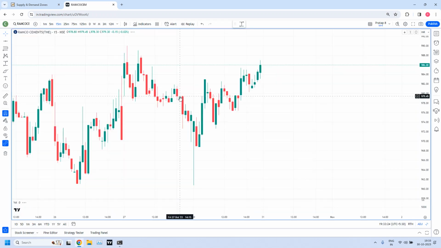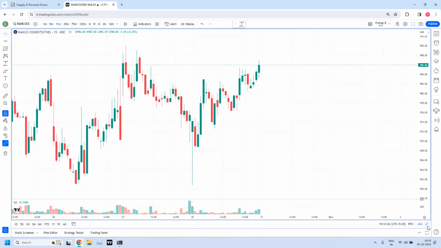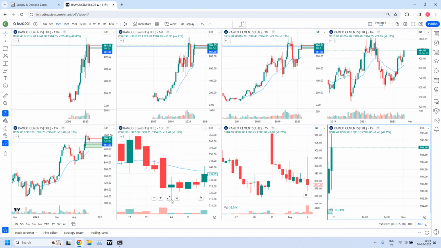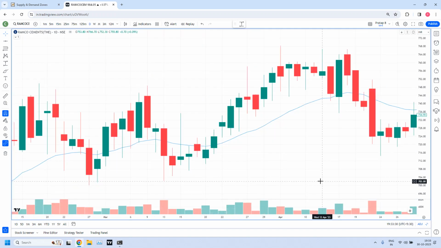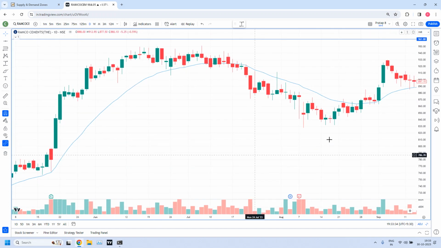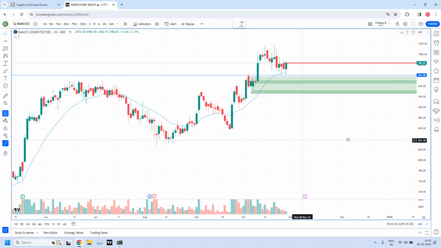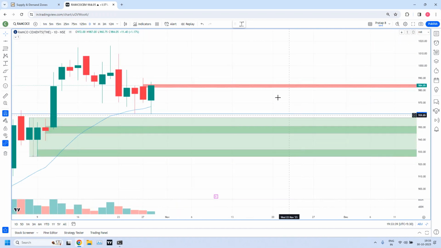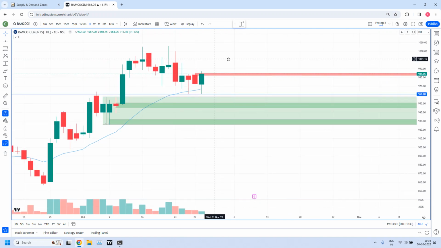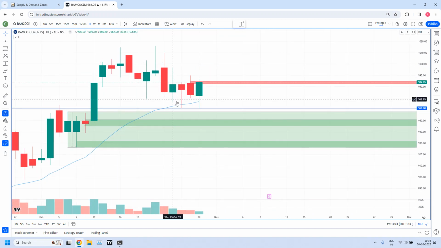So let's go to the daily time frame first. Entry buffer. Previously I told you, when you identify an entry buffer, that is possible on the first candle.